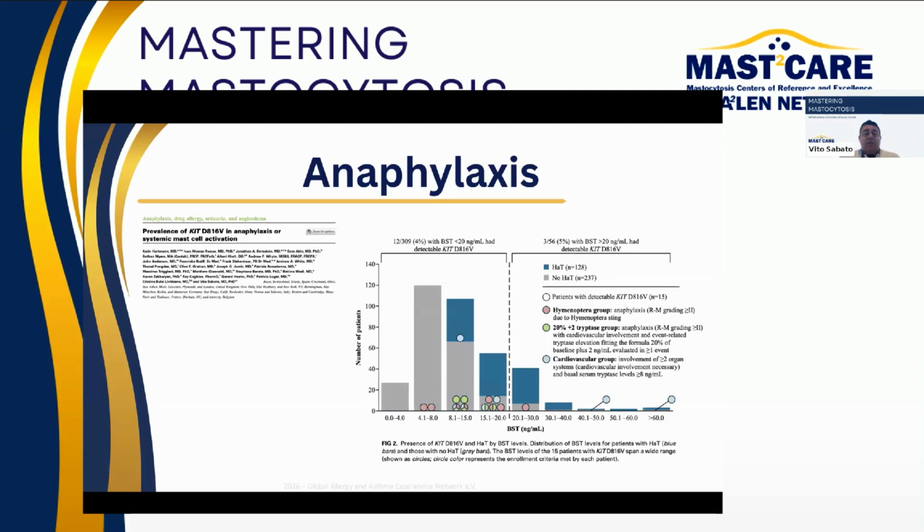And this is the result of a multicentric study we participated in, and you can see again that in Hymenoptera venom patients or in patients with proven mast cell activation, when you have an increase in tryptase, you have a high probability of finding your mastocytosis, for tryptase below 20 and even for tryptase below 8.